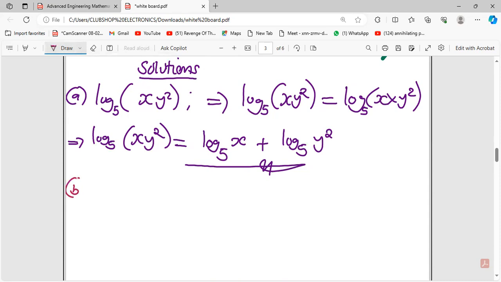Then B, we have the natural log of e square root of y divided by z squared. Okay, so we can say this is the natural log.